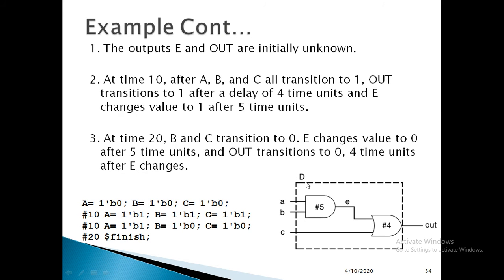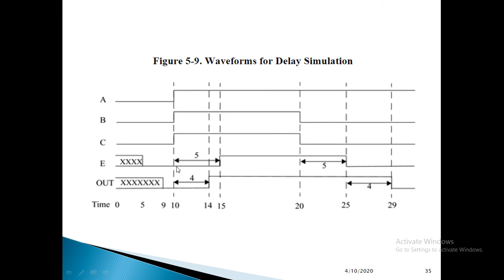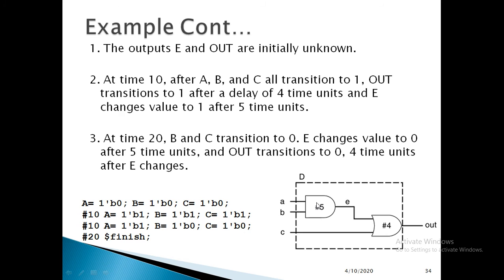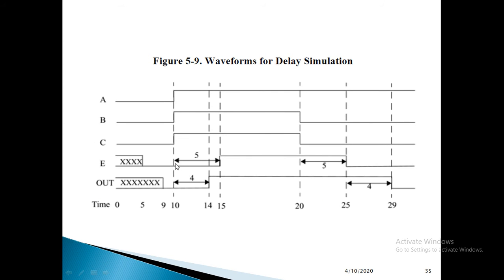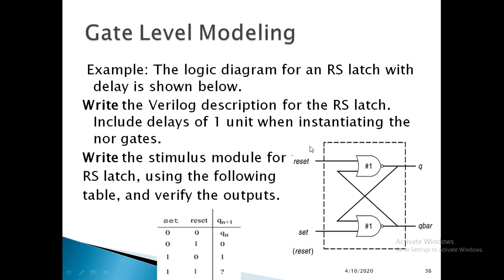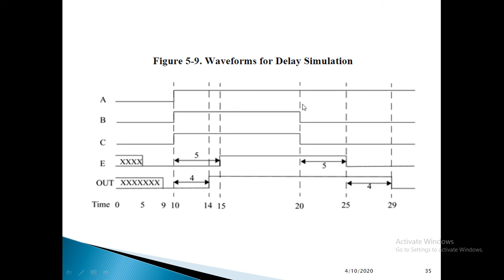As we have used an AND gate, when A and B are 1, E will be 1, but the E output is not immediately 1 because it has a 5 time unit delay. So it waits for 5 time units. As this input changes, it waits for 5 time units, and E becomes 1 at time unit 15, and another change will occur here.